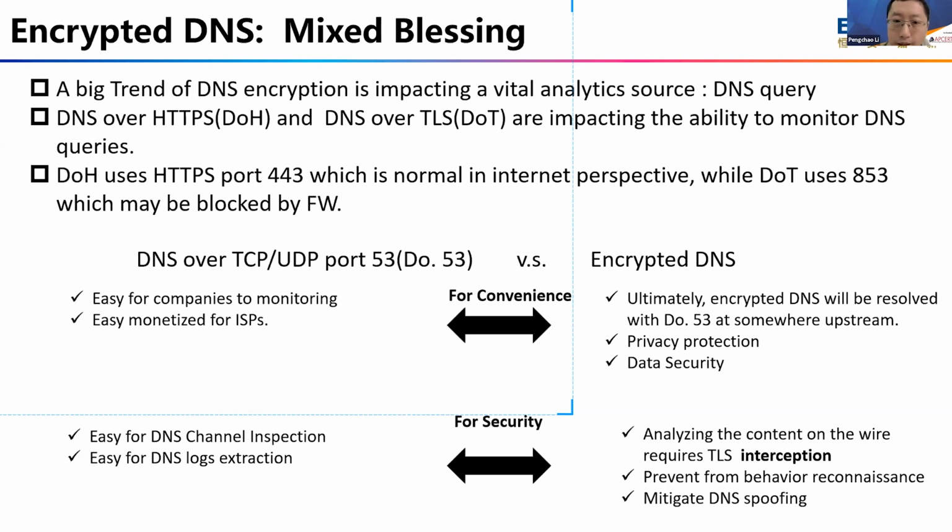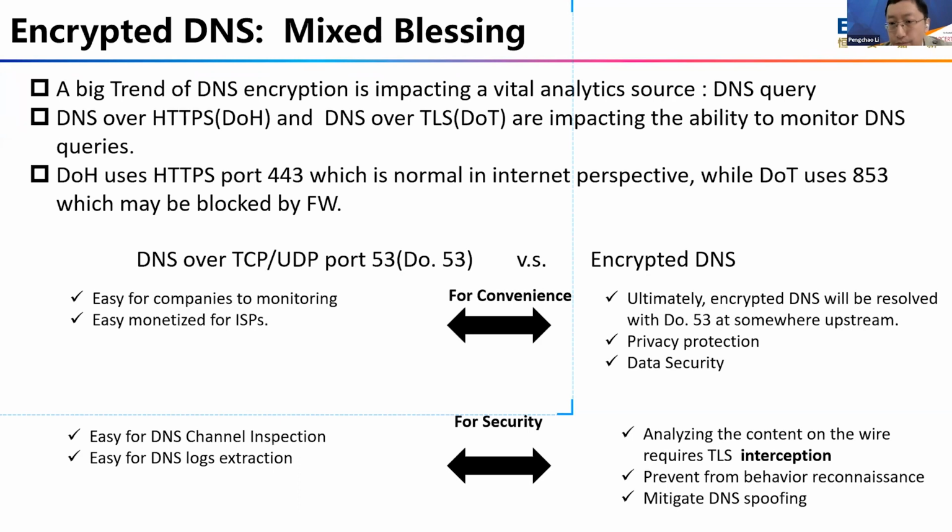And encrypted DNS has some risks, including that encrypted DNS will be resolved with Do53 somewhere upstream, which is convenient for CERT members to hunt for villainies. And encrypted DNS can protect your privacy by encrypting your surfing trace.